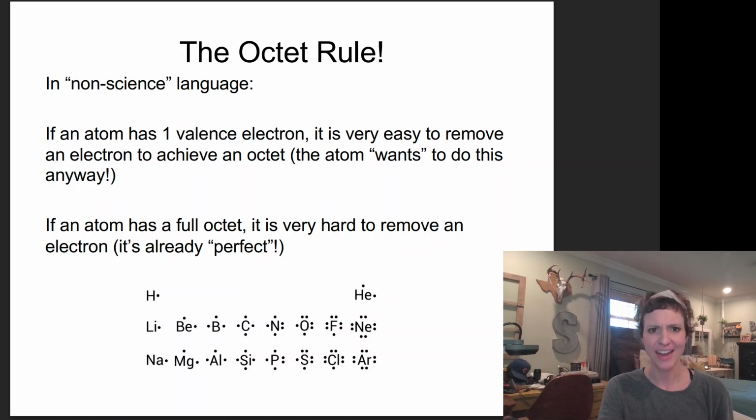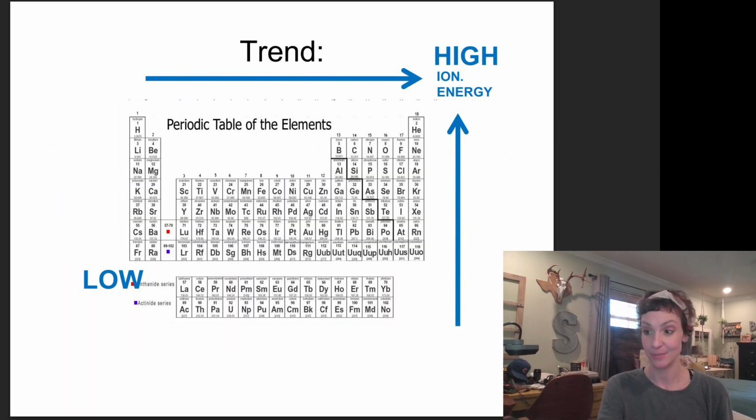So how does this affect the ionization energies across the periodic table? Oh my gosh, you guys, it looks like ionization energy increases as I go across a period, left to right. Yes. It also increases as I go up within a group, or you could say it decreases as you drop down a group.